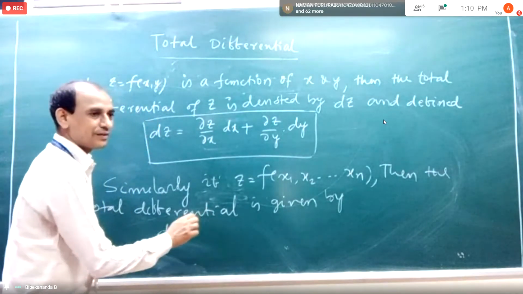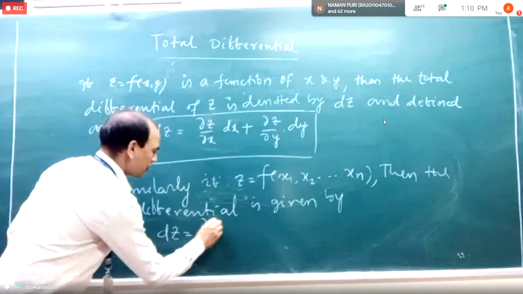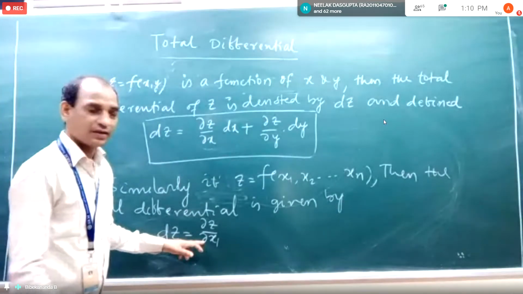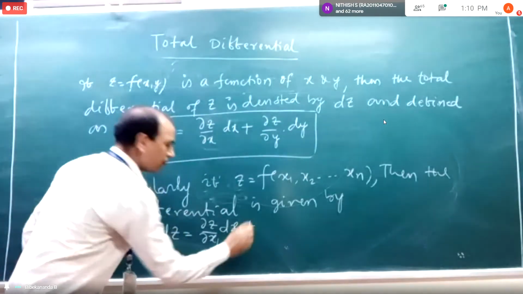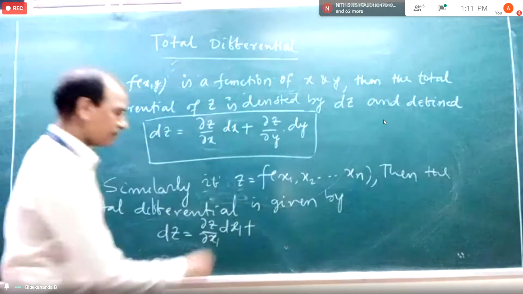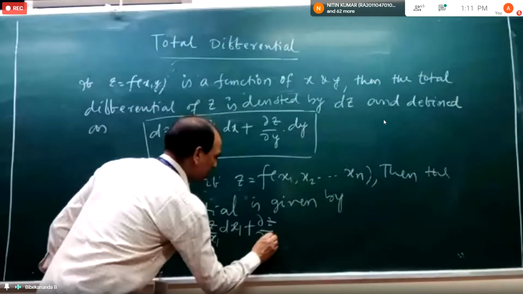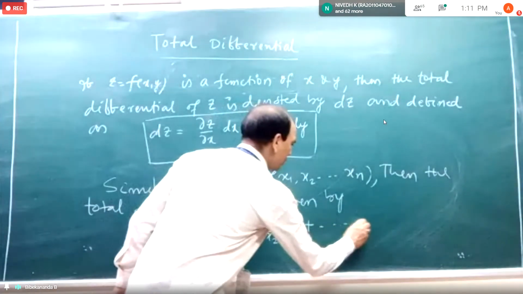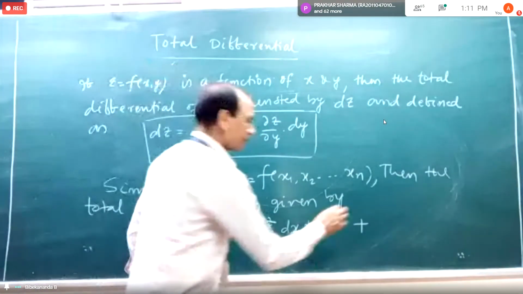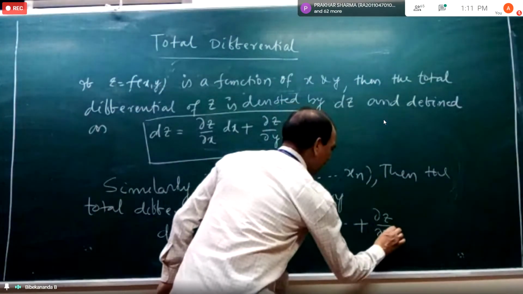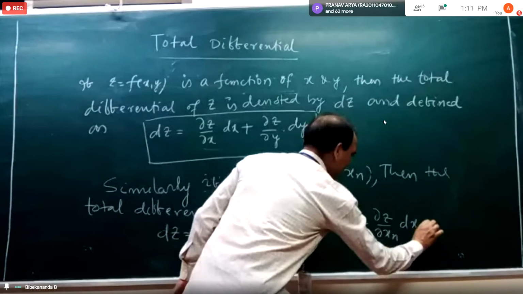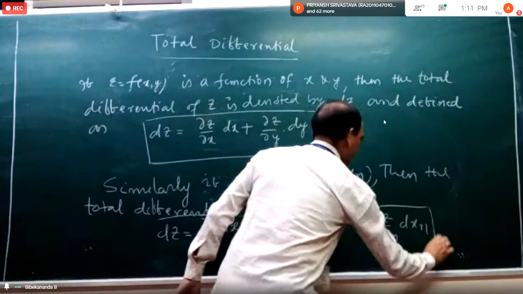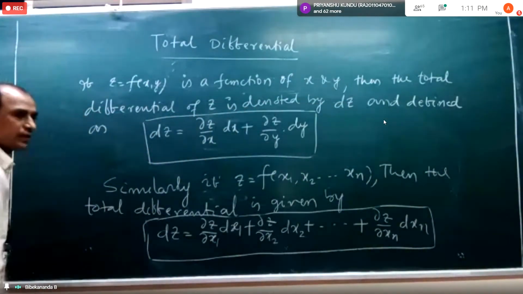Dou z by dou x1 into dx1, because x1 is a variable, plus dou z by dou x2 into dx2, and so on, up to dou z by dou xn into dxn. So this is the case of n variables.